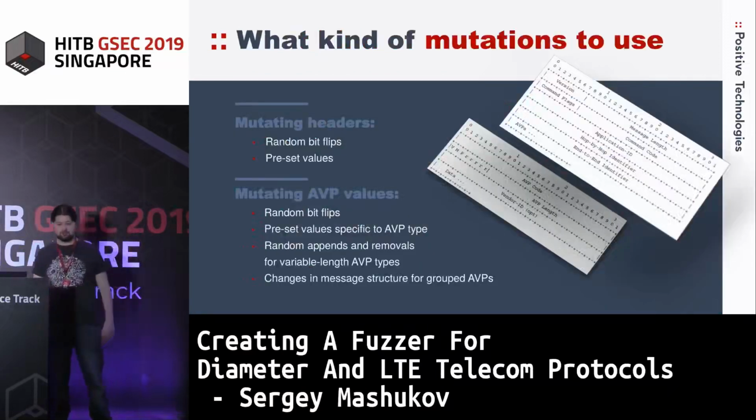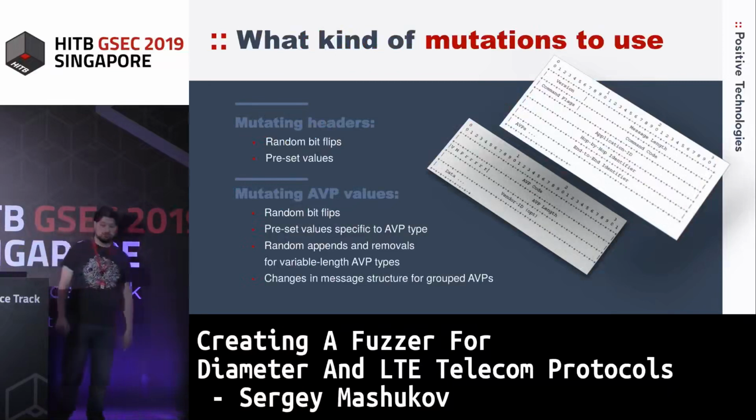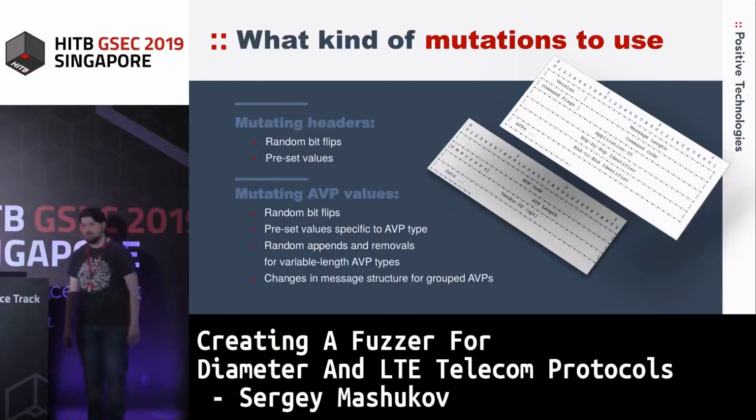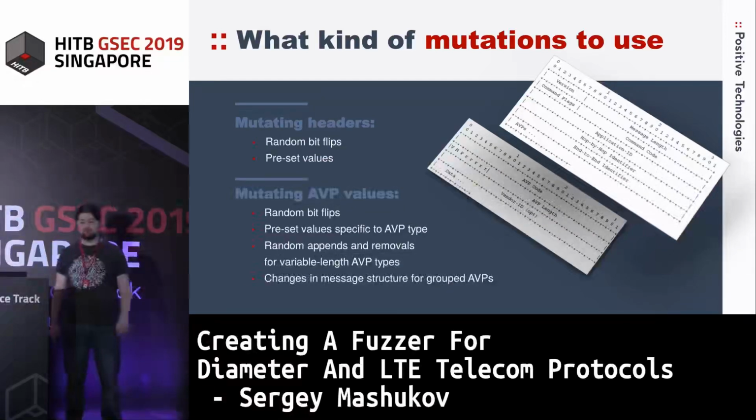So what kind of mutations did we use? We used random bit flips in headers, and we used preset values. For random bit flips, it may be like going through all the bits one at a time, and then flipping bits at random several times.